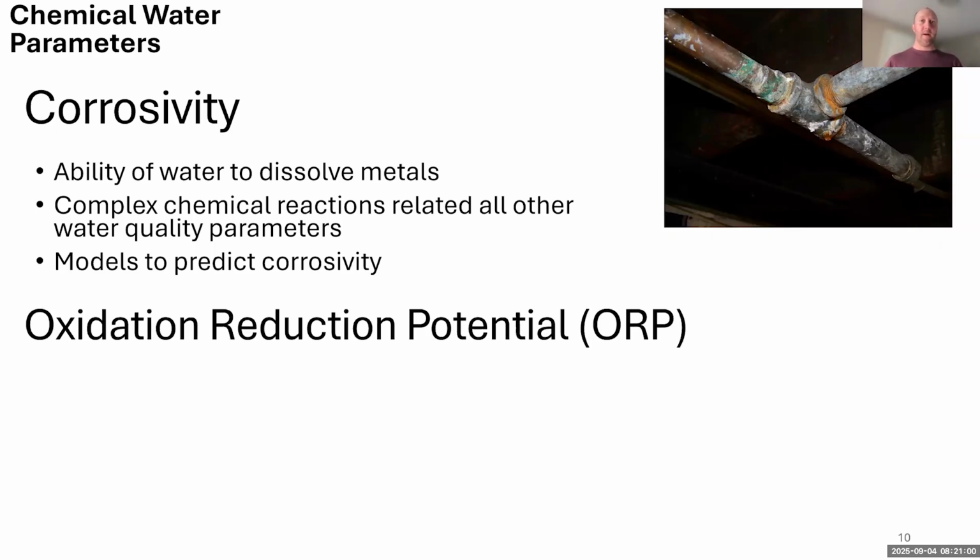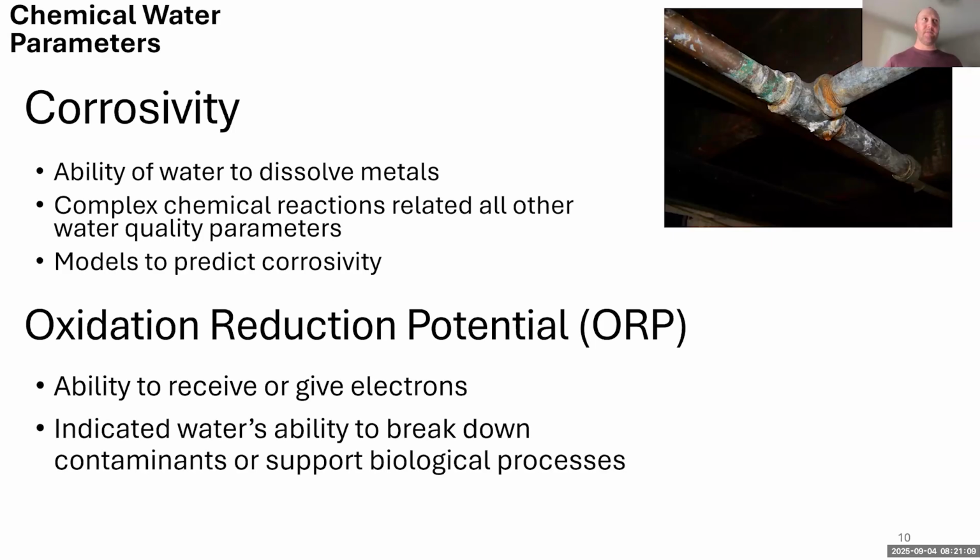Okay. And then oxidation reduction potential. So this is a chemical parameter of water that really just means the ability of that water, or what's dissolved in that water, to give or receive an electron. So this has to do with the oxidation reduction reactions. Oxidation is losing electrons, reducing is gaining electrons.